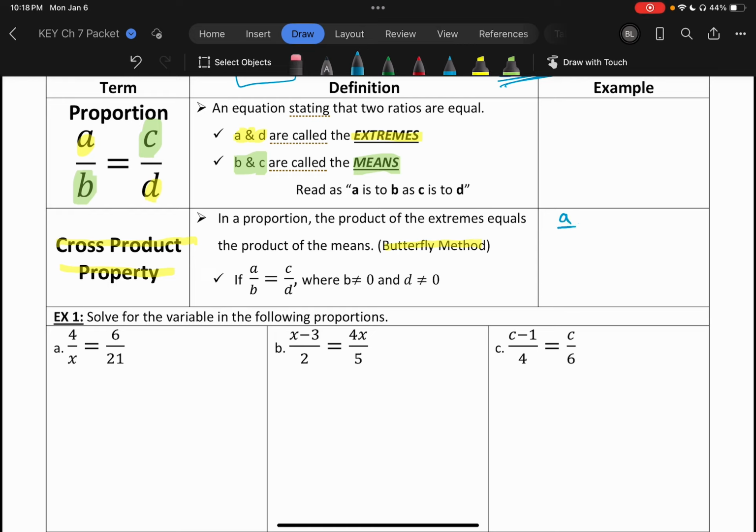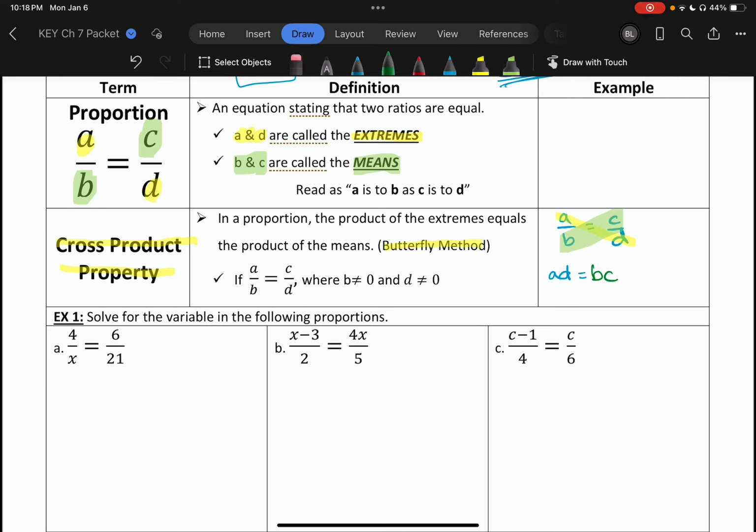If I have A over B is equal to C over D, in other words, a ratio equal to another ratio, or two fractions equal to each other, I can start to solve equations by cross multiplying. Cross multiplying has us multiplying diagonally. So what I would have here is A times D, which is equal to B times C.